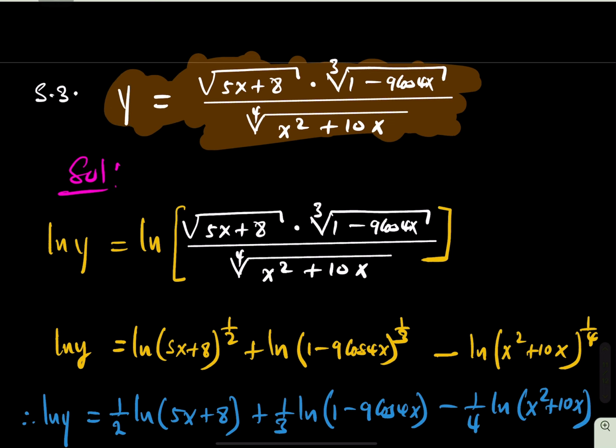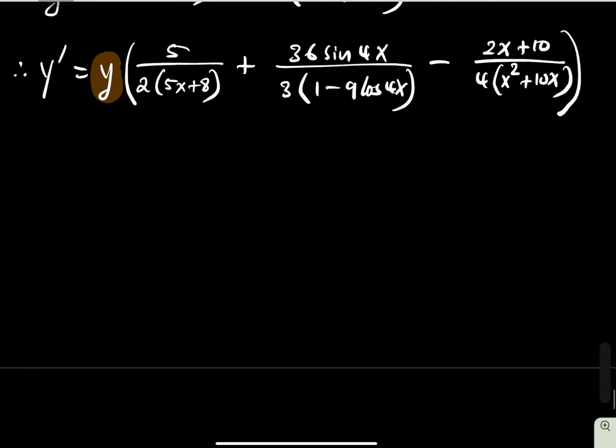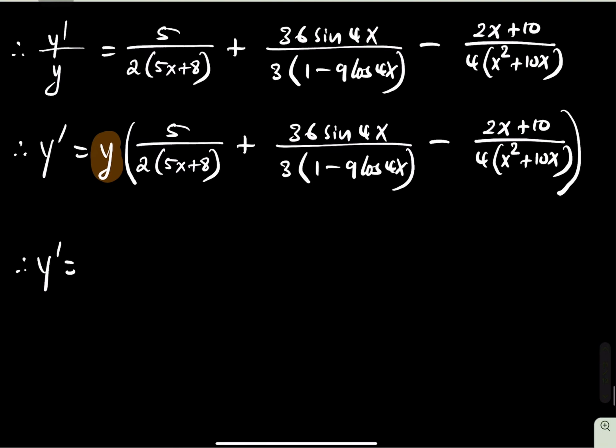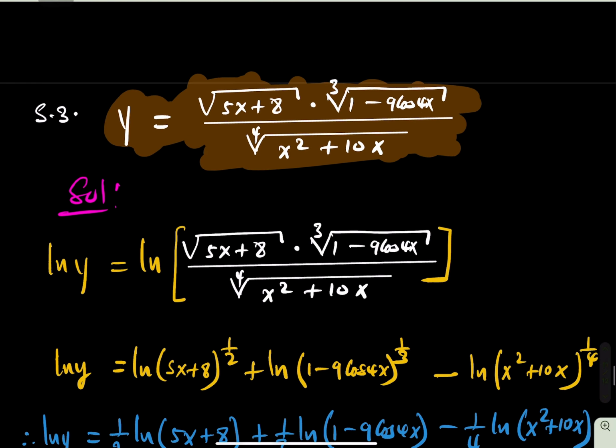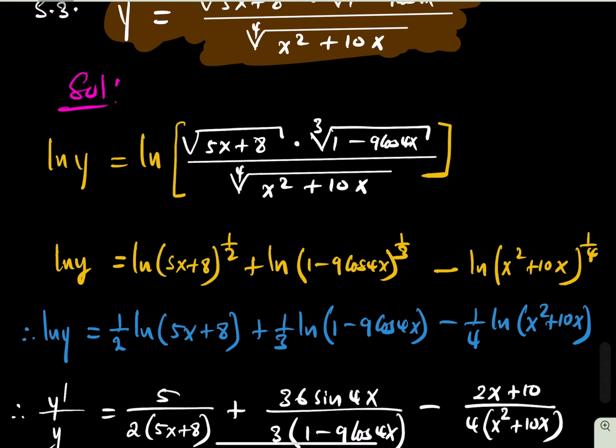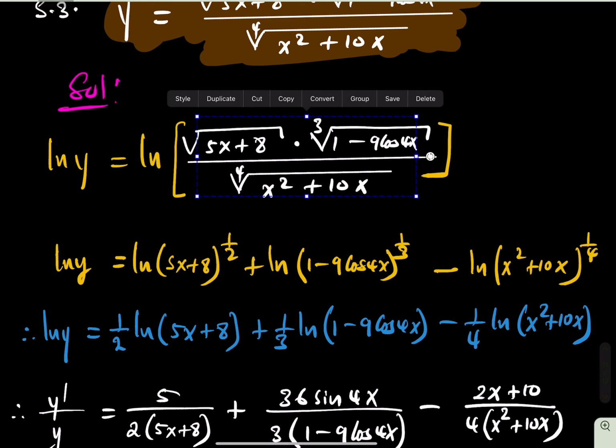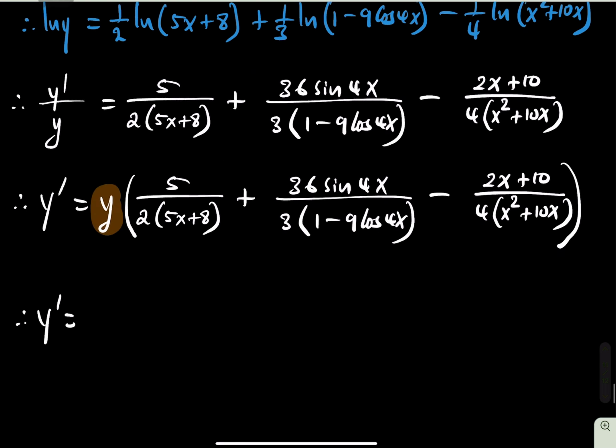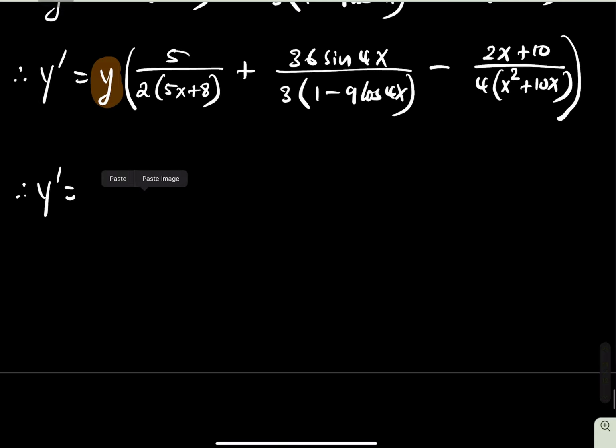Yeah, this paper was misbehaving. So you then now say, therefore, my y prime is going to be equal to this particular stuff here. Let me just copy it. So that is y. I'm just going to plug it in.